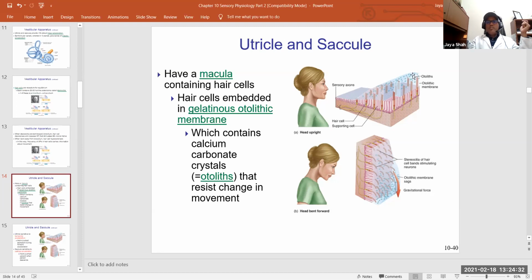And when they move randomly, they hit hair cells. And when a hair cell is hit, it bends, and that depolarizes your hair cells and takes the impulse to your brain. Even though you are not moving, depolarization and hyperpolarization is going to your brain, and that is causing vertigo.